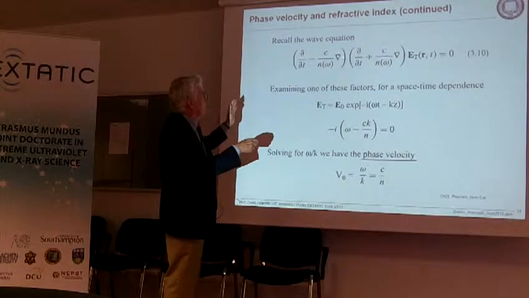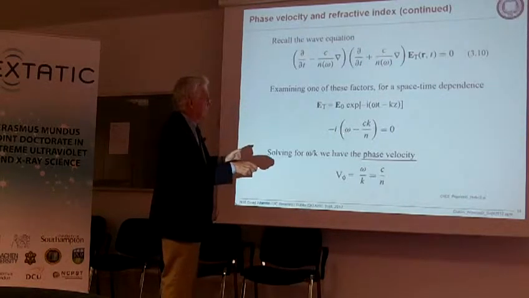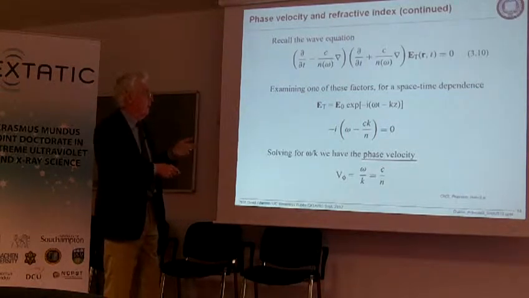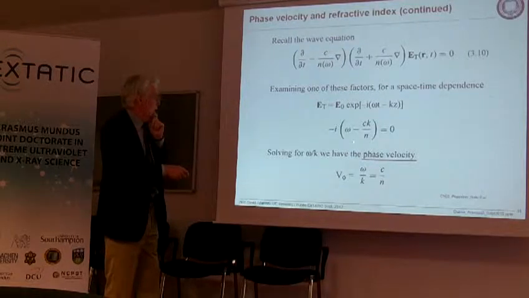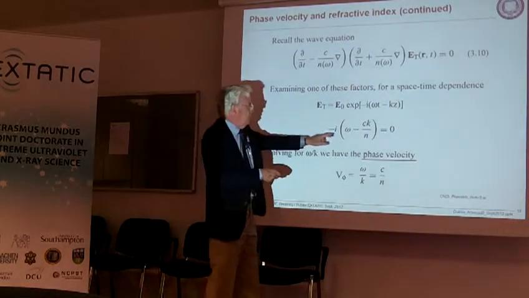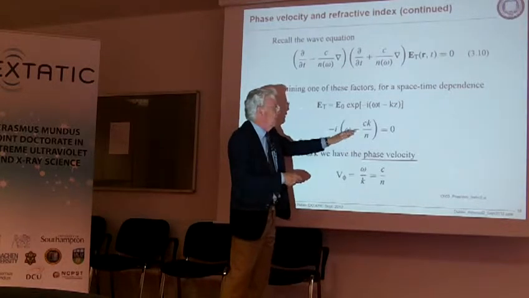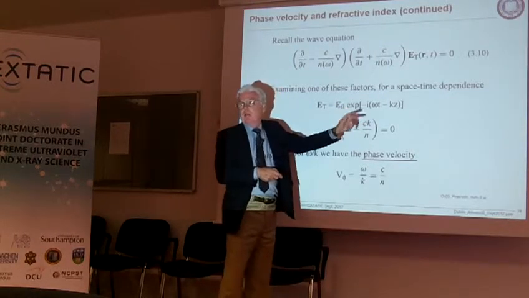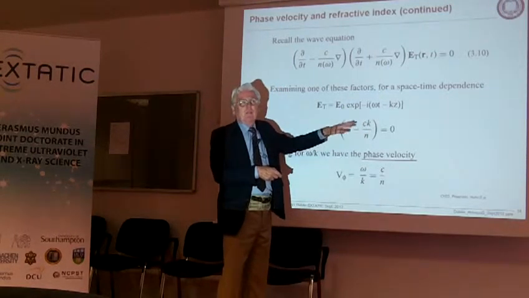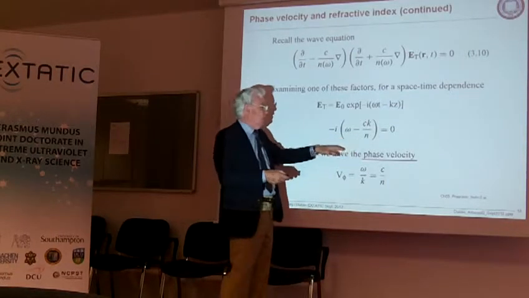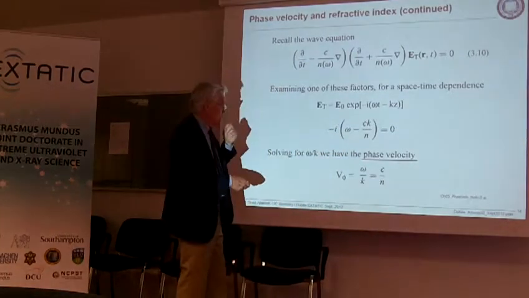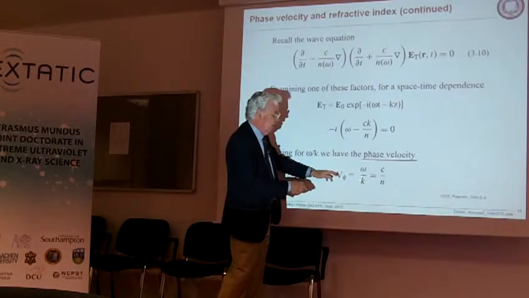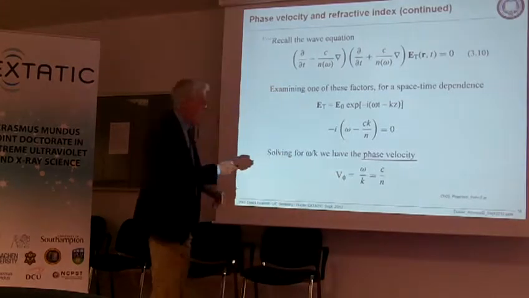So this operator being 0 gives you this relationship, and this is where you get the simple dispersion relation for propagating in some medium n. And so you can just set this equal to 0, and you have a relationship between omega and k. And remember that this k is equal to 2 pi over lambda, so you're going to get your f times lambda equals c, or in this case, c over n. Okay? And you can also see the phase velocity is related to omega over k, which would be c over n. So that's the phase velocity.